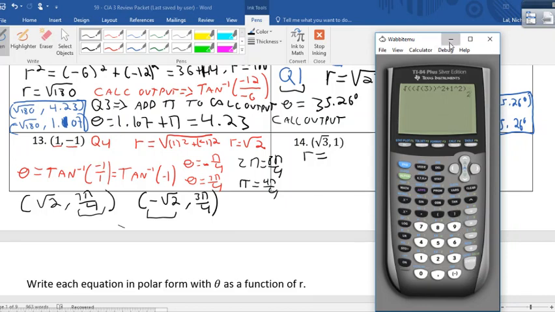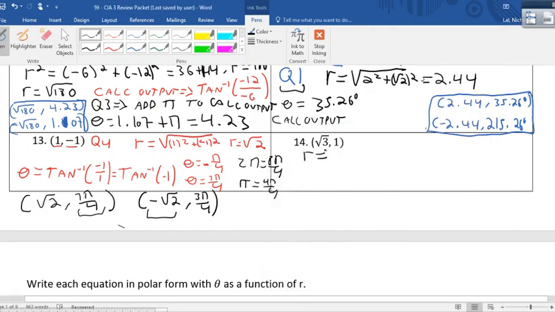The square root of 3 squared is 3, 1 squared is 1, which should give us 2. So r is going to be equal to 2.